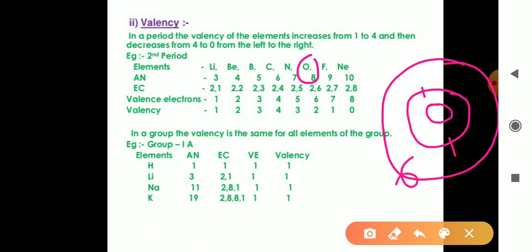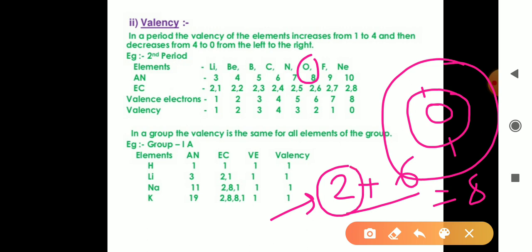Now if it tries to make 8 electrons, so it must accept 2 electrons from other atom. So 2 electrons accepted from other and total electron become 8, and therefore this 2 accepted electrons, the valency of oxygen is 2. So like this is valency.